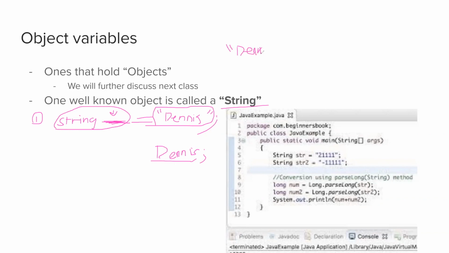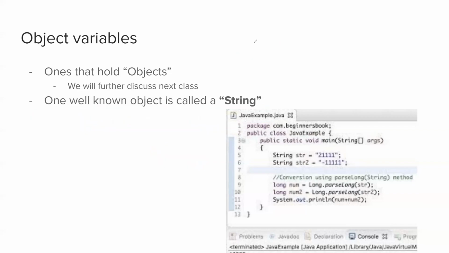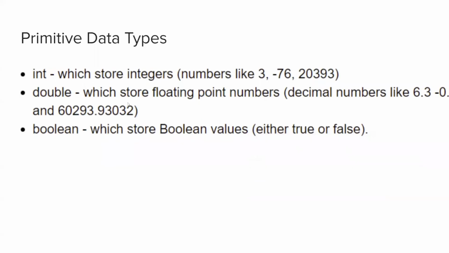But in the second one, I'll use whatever is inside the variable Dennis, because you don't have quotation marks around it. We'll go over this more in the next slides. But for now, know that String is for words. And know that primitive data types are for integers, doubles, and booleans, and you need to know each one, okay?